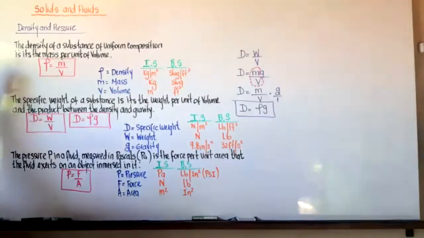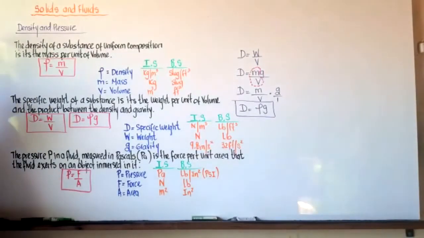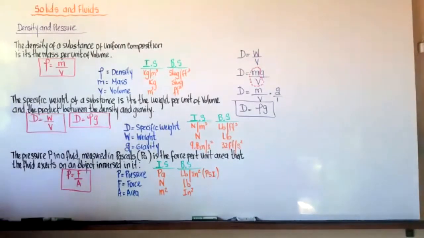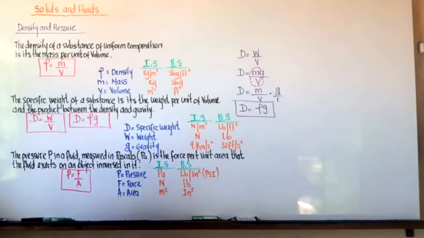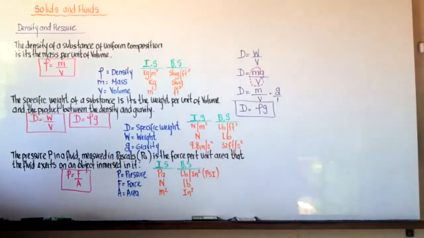We're talking about density, we're talking about specific weight, but I mentioned one significant term that will be the specific gravity. Specific gravity is a simple way to calculate the situation.